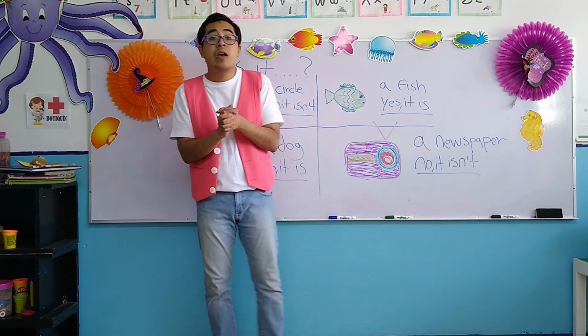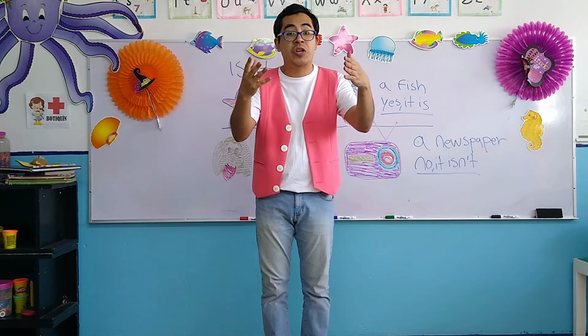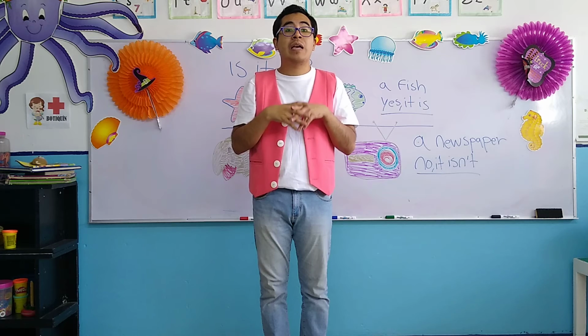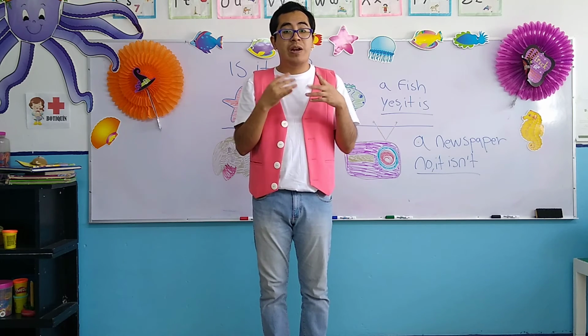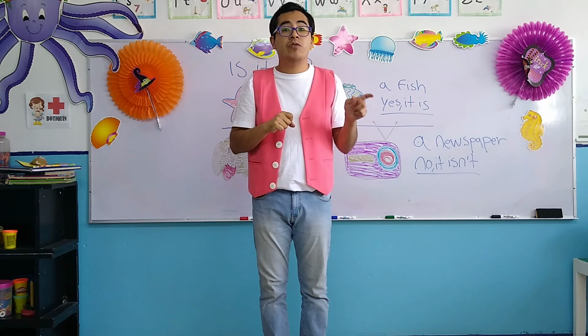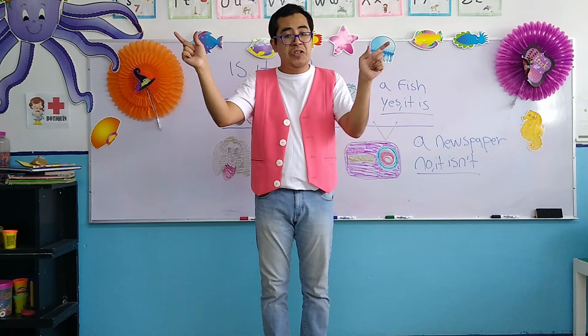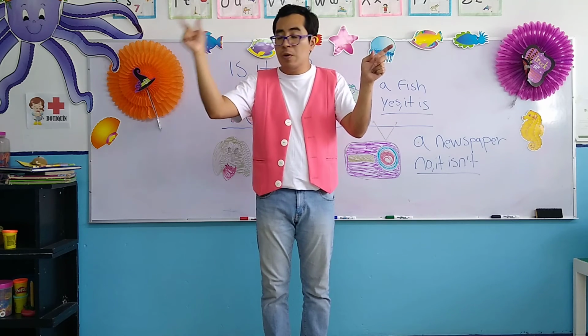So don't forget, questions about or related to an object. Preguntas relacionadas a un objeto. Okay? Remember the question. Recuerden la pregunta. Is it a, and the name of the object. Is it a fish? Is it a cat? Is it a policeman?